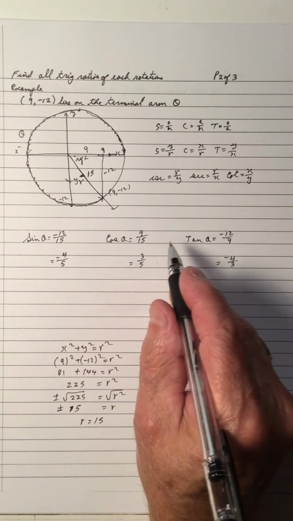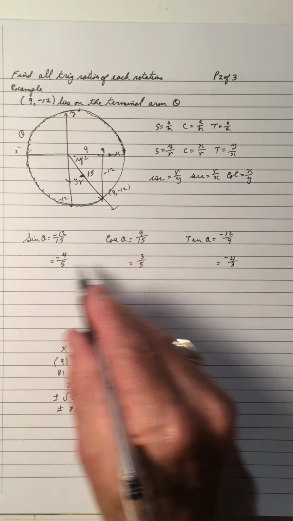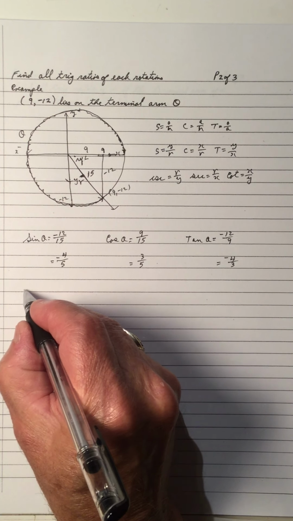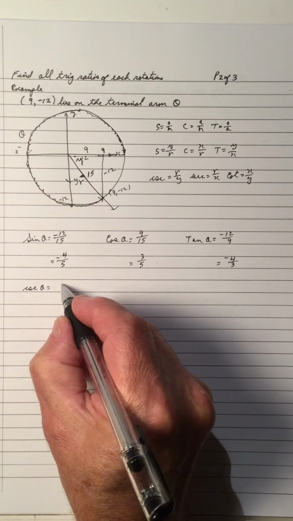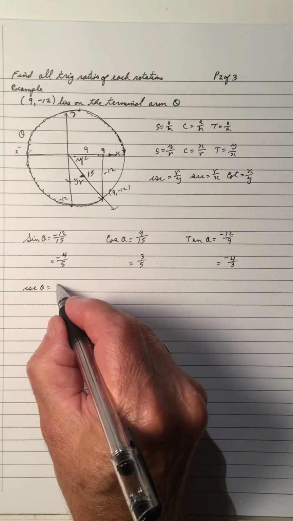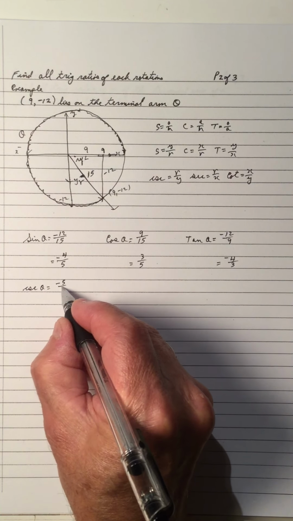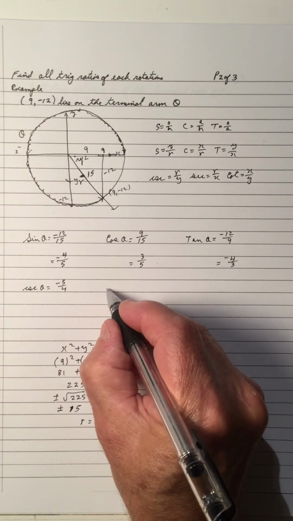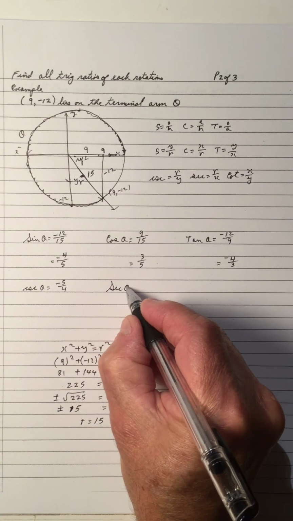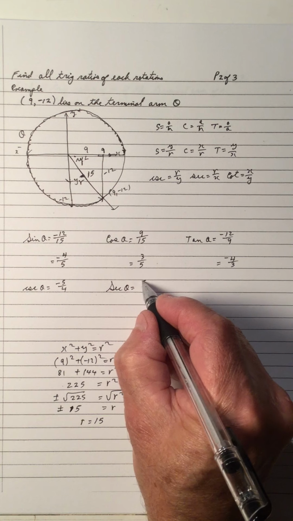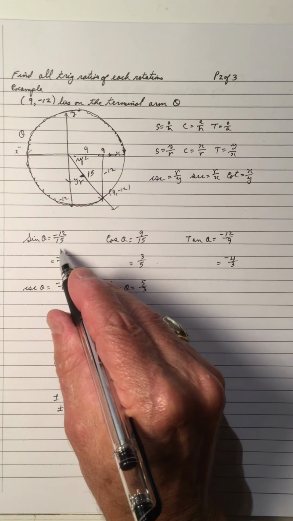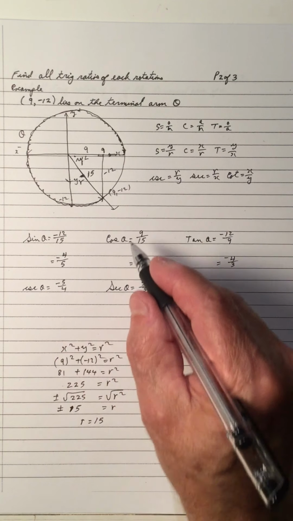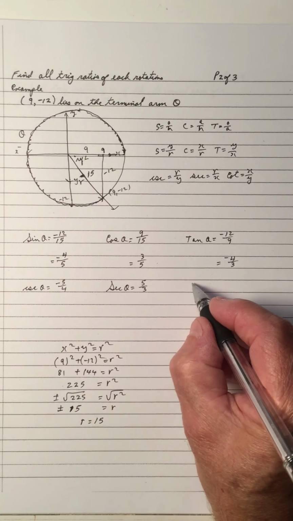And when I find the primary ones, then this is CSC. Automatically, I can just do the reciprocal of these, which is a negative 5 over 4. Reciprocal of cos is secant. I can do the reciprocal of 3 over 5, which is 5 over 3. Because you have sine, you get its reciprocal. Because you have cos, you can get its reciprocal.